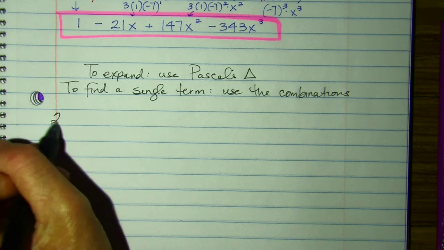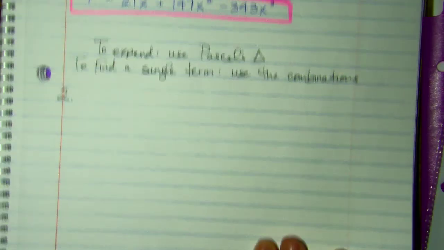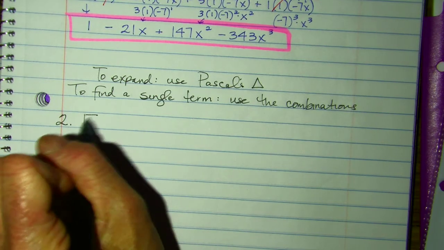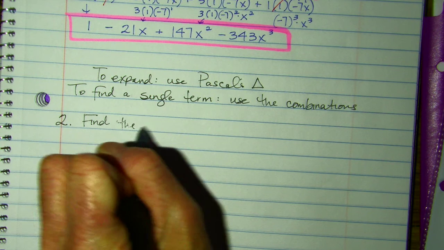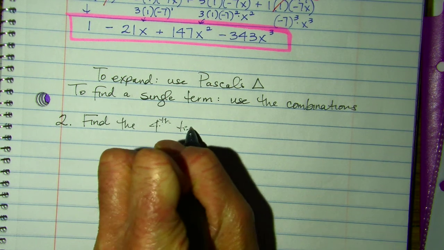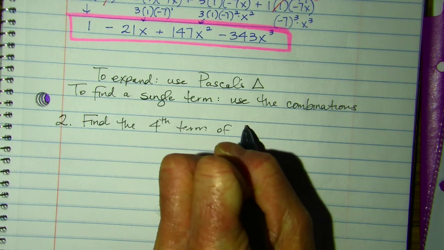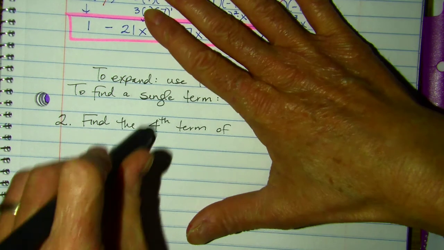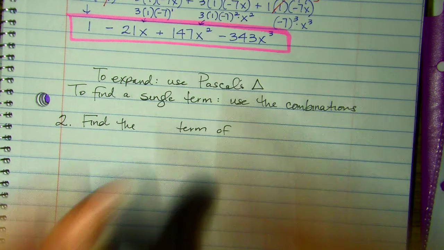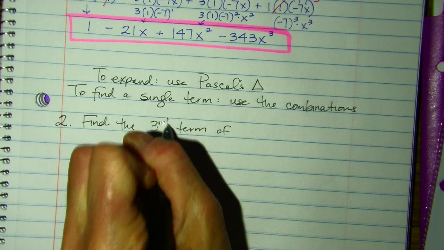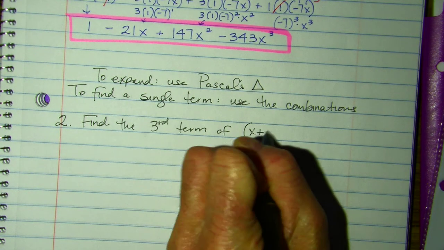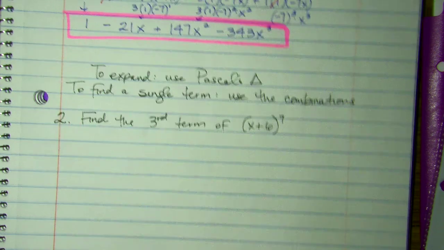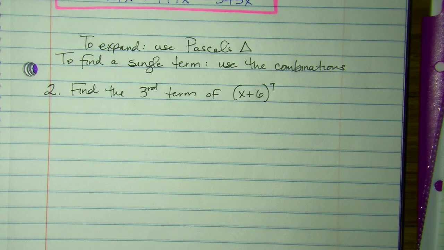So I believe I only did one example with you before we jumped into lesson practice. For example, if I asked you to find the third term of x plus 6 to the 7th power. I know that x plus 6 to the 7th power has a number of terms.